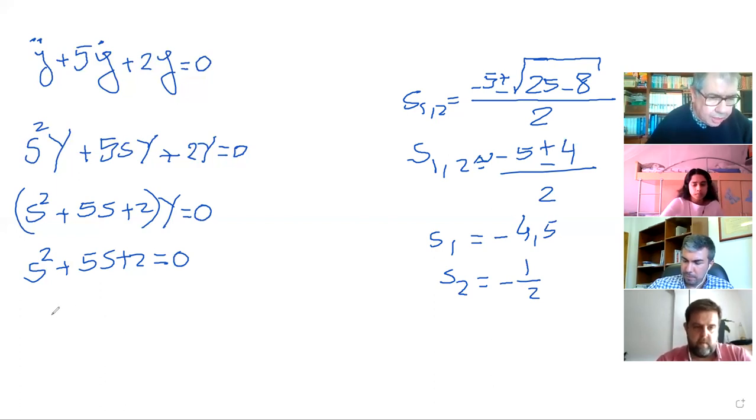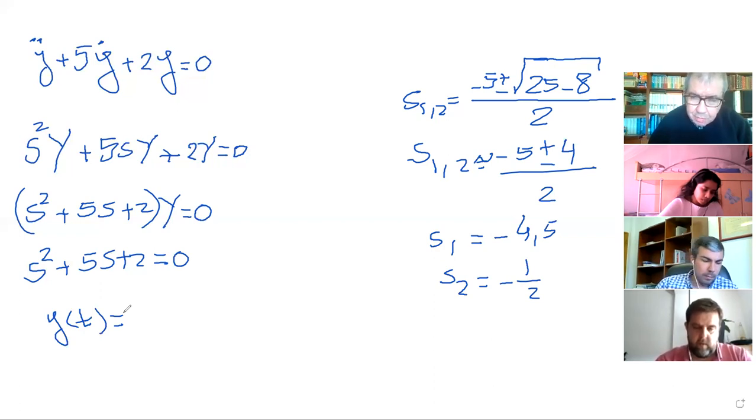So what do you think y will be? y of t is going to be what? Suggestions. Remember that in the first case, it was one exponential. Now we have two possible exponentials. So it's probably a linear combination of exponentials.